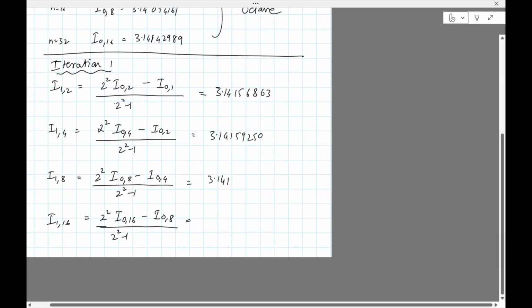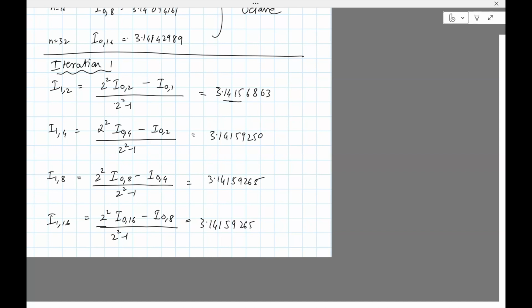So you can see we're already getting close. 3.14159265. Actually, that's the right value to 8 decimal places. And that's just doing one iteration. But we've already got 4 decimal place accuracy in this iteration itself.